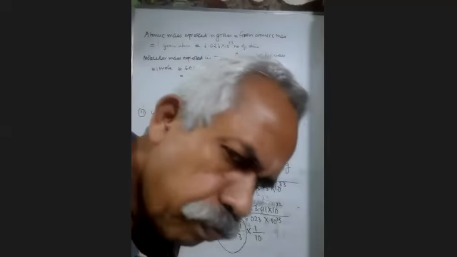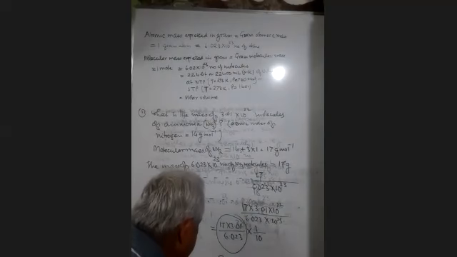How much it comes? Sir, 8.49. Achha, good. 8.49.